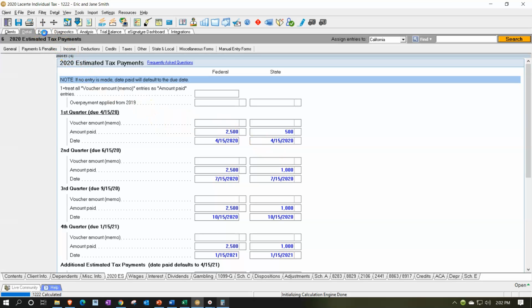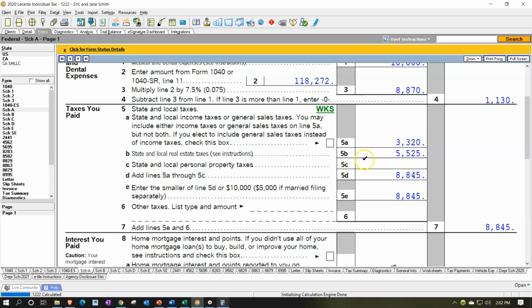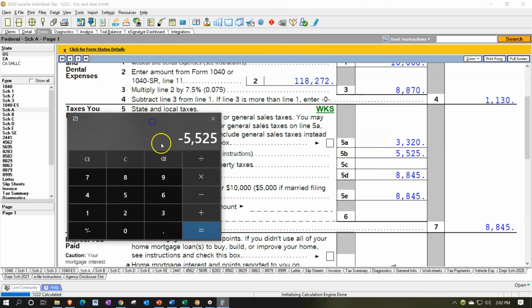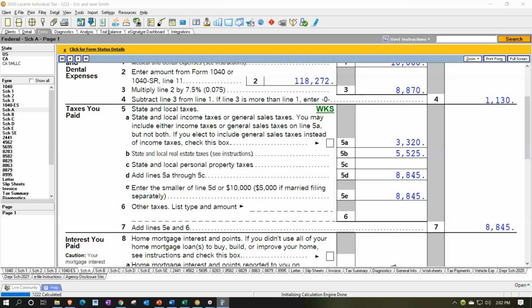So I'm going to go back over and now we have the 3320. If I add up the total, meaning we had property taxes of 6.5 plus this now 3320, we're under the 10,000 cap and we shouldn't have any issues. I just want to clarify that so when we finalize, we don't have that kind of issue.